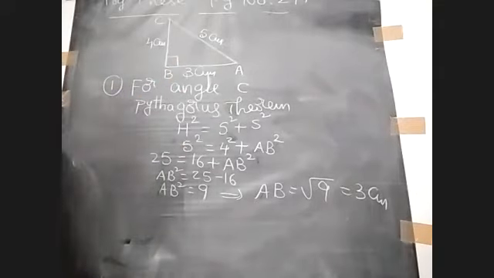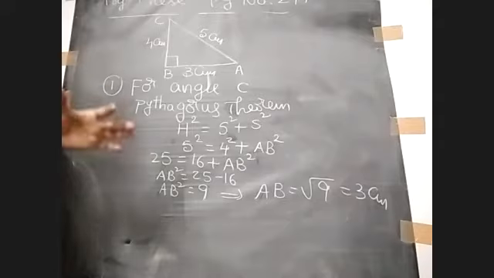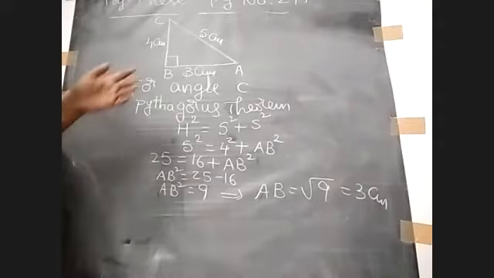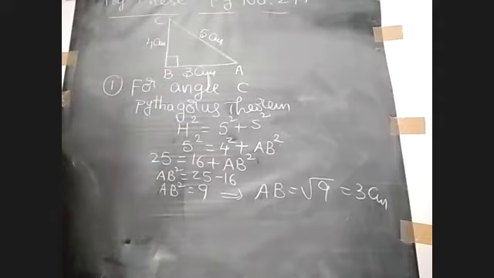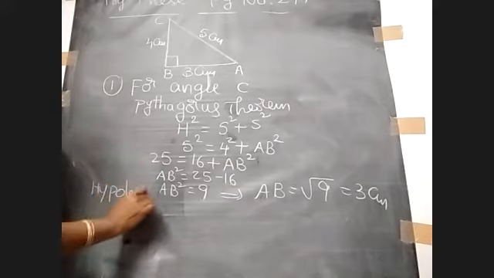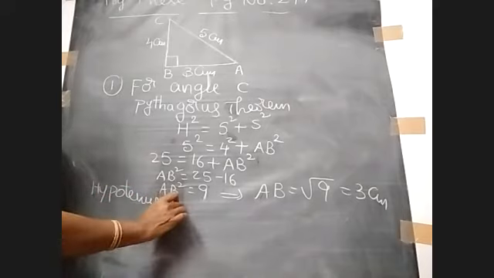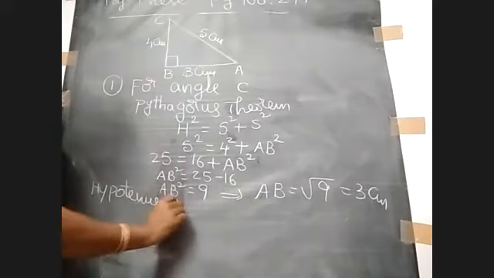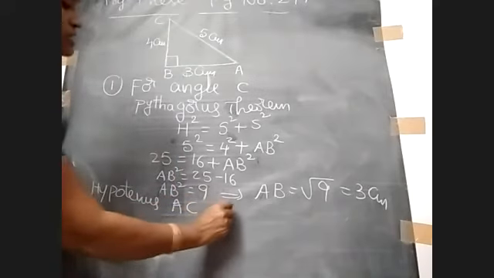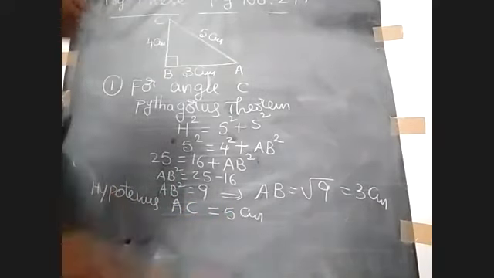Now we are going to find the lengths of the sides which are opposite to angle C and adjacent to angle C. First one is the hypotenuse. What is the hypotenuse length here? The hypotenuse is the side which is opposite to the right angle. So AC is equal to 5 centimeters.